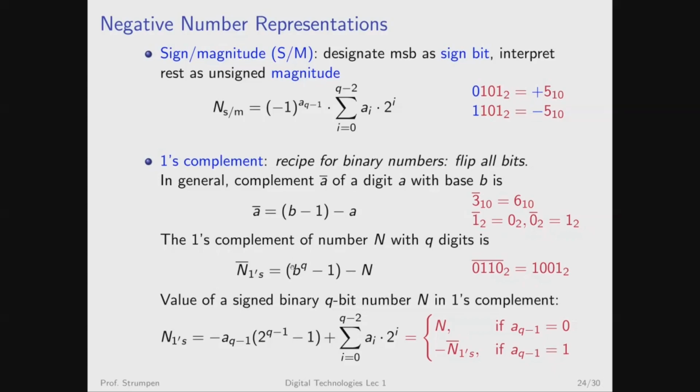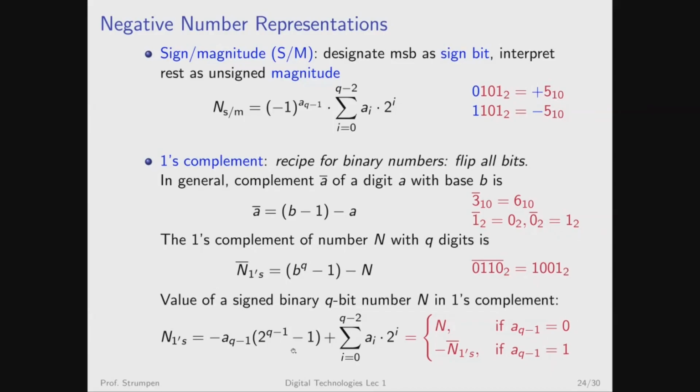The only change compared to the complement of a digit is to replace the 1 in the exponent of B with a general q, right? Now, it turns out that in the binary system, forming the ones complement, as the name suggests, is flip every single bit. Means the complement of 0110 in binary is 1001, right? And vice versa. Right? You can go back. The complement of 1001 would be 0110.